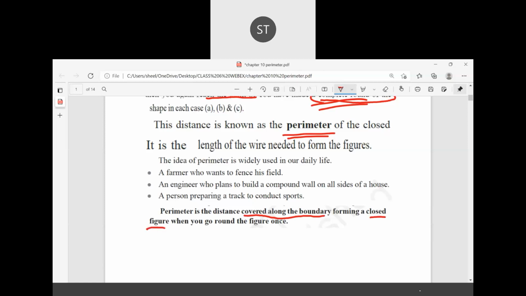Suppose we have a figure like a rectangle now. Whatever length we have drawn here using the red pen, that is called our perimeter. It is the boundary line, the length of the boundary, isn't it? Perimeter, that is the outer distance only.